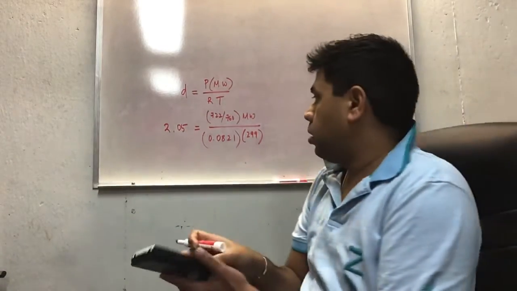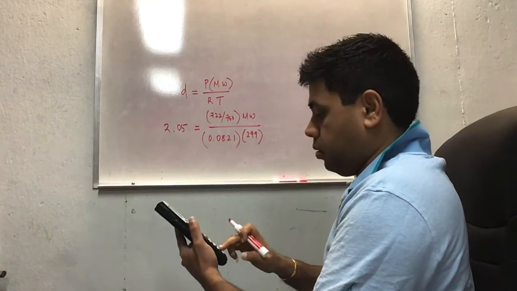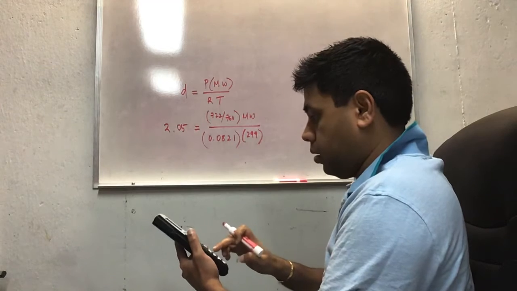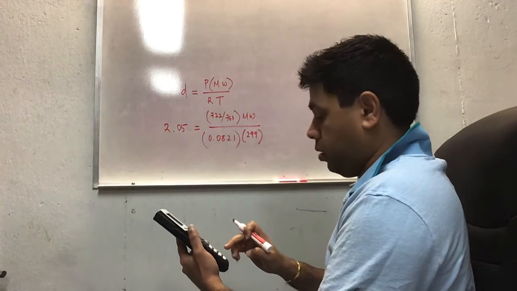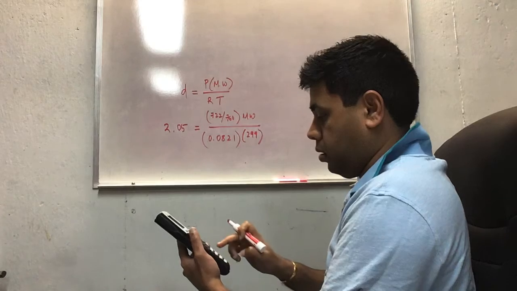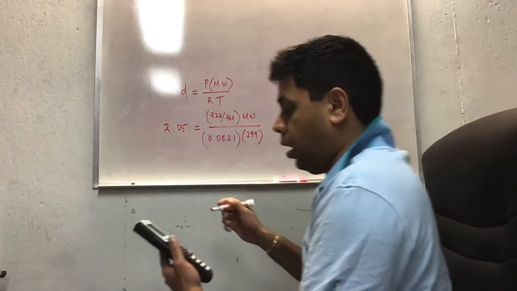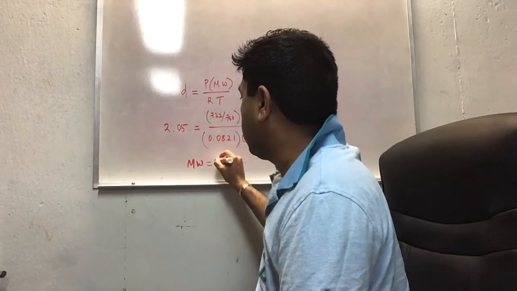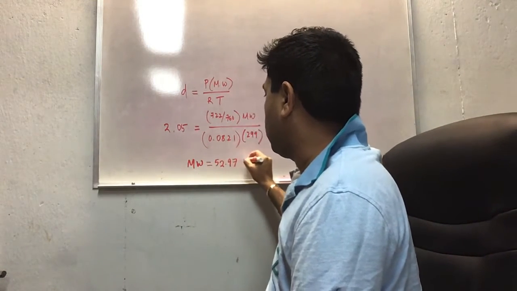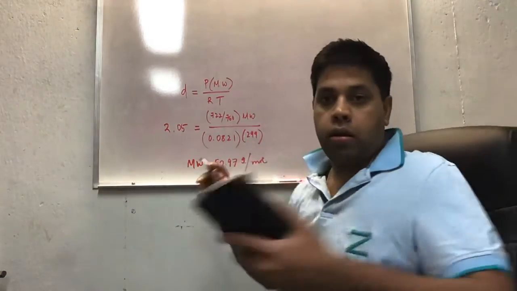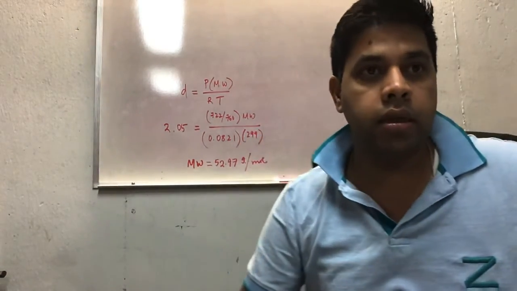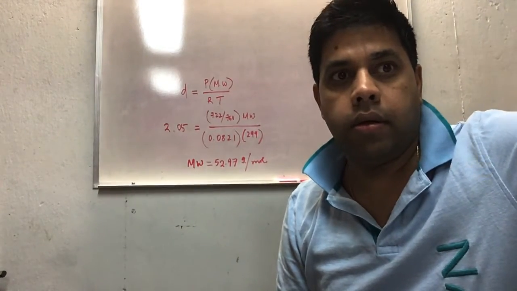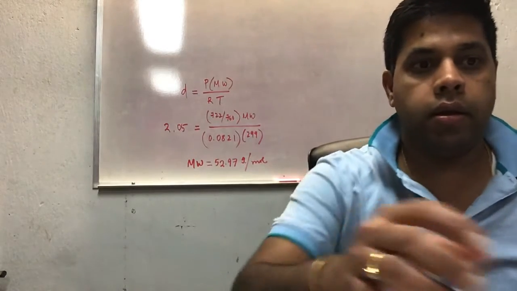It's fuzzy again. Yeah, I can't see you. I'm getting 52.97, so 53. Is it fuzzy still? Yeah, I can't see it. Can you explain your process there?